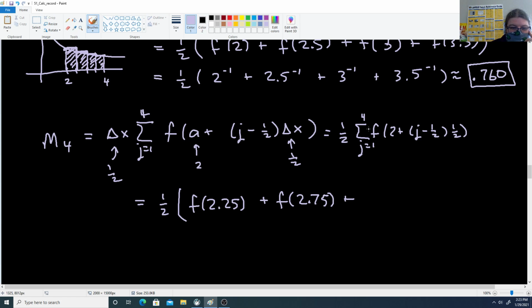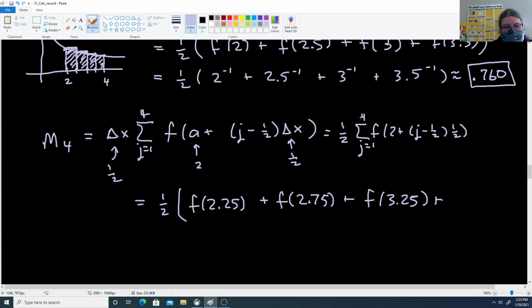Then j is 3 next. 3 minus a half is 2.5, which is 5 halves. 5 halves times a half is 5 fourths. 5 fourths is 1.25 plus 2 is going to be f of 3.25.